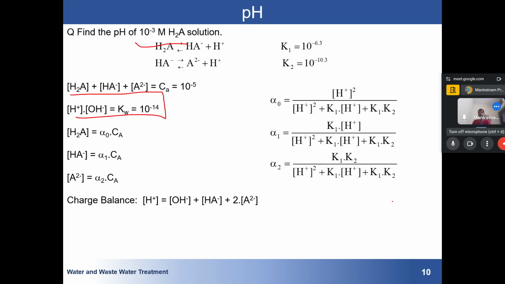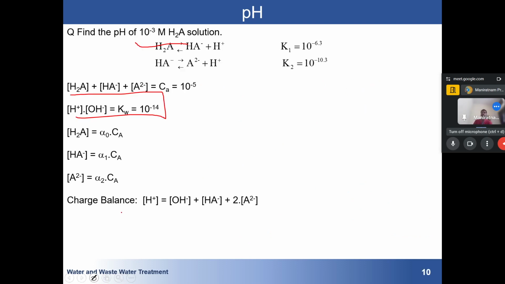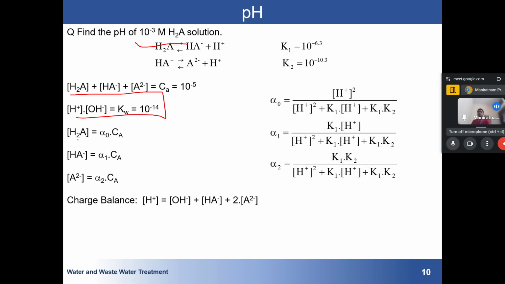Similar to that, here we will define alpha naught, alpha 1 and alpha 2. Alpha naught corresponds to H2A, and it will be given by the same expression. Just remember what we were writing there, it was in H plus, and it was H plus plus K1. So as K1, K2 keep being added, this term will keep extending.